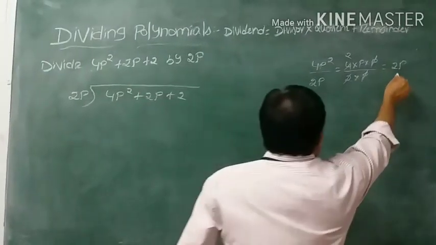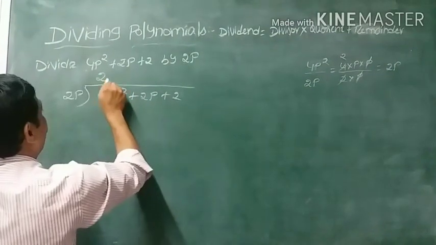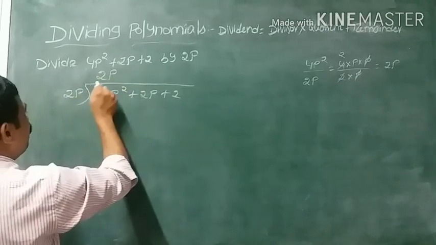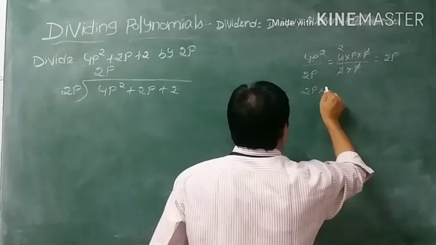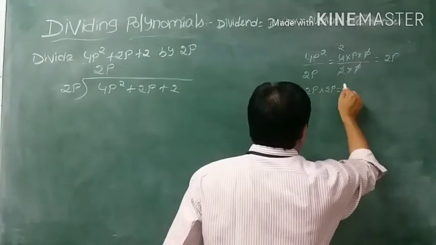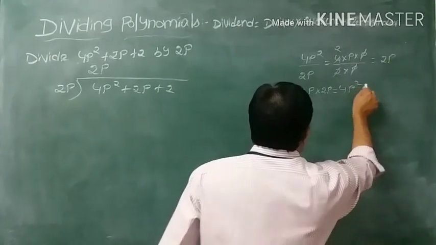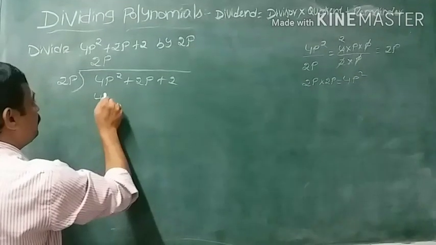Now here whatever we will get, write this one here. Now 2 twos are 4, p into p, p square. Now see this one, 2p into 2p, 2 twos are 4, p into p, p square. So we will get 4p square.